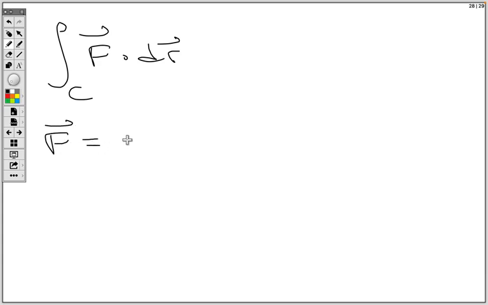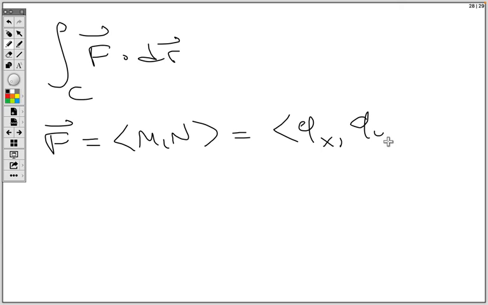All right, so let's say you're trying to find yourself the work integral of f dot dr, where your f is an m, n, which is a phi x, phi y.